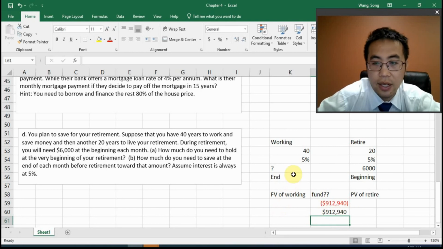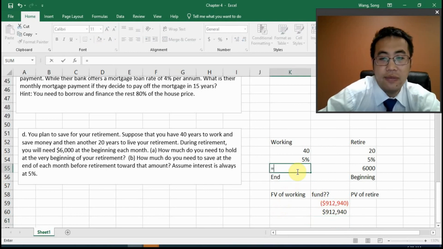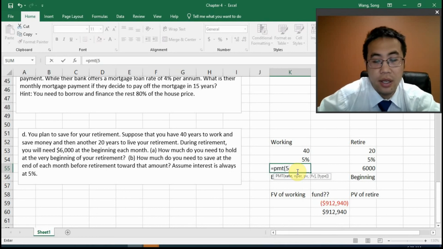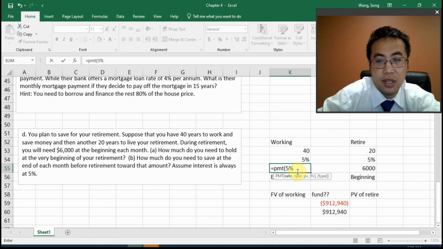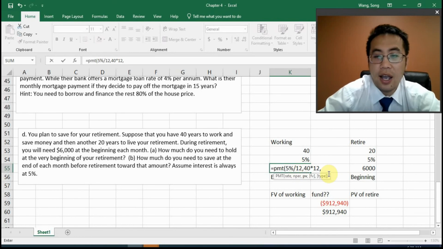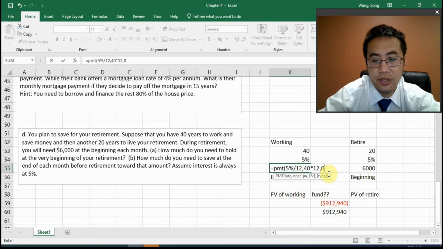So how exactly do I achieve that goal? I need to solve for my monthly payment. The interest rate is 5% divided by 12, and I have 40 years times 12. So that's 480 months. And today I just graduated with 0 endowment, so my present value here, or cash inflow today, is 0.